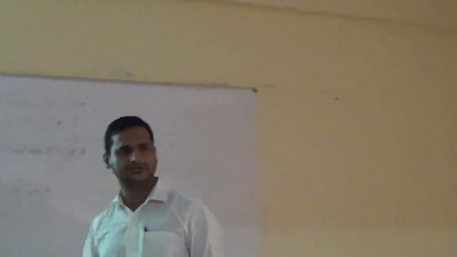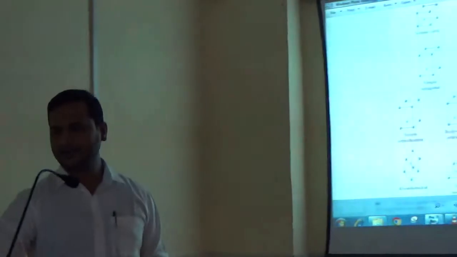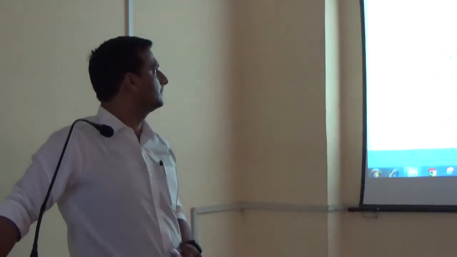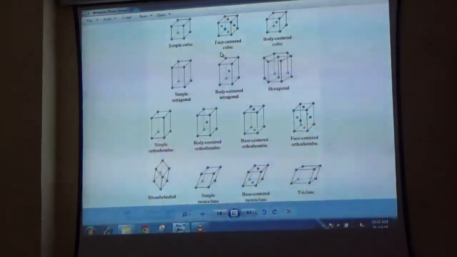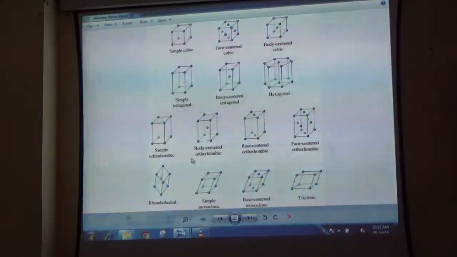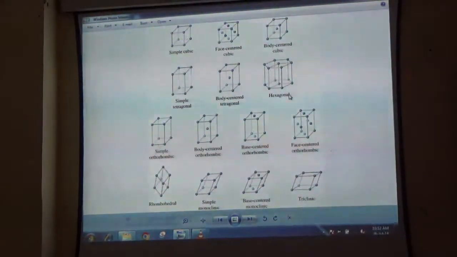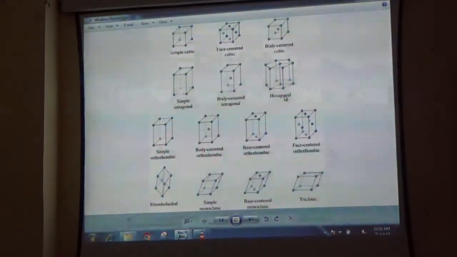Simple cubic unit cell. So based upon these values, the unit cell can be classified into 14 unit cells, like simple unit cell, face centered, body centered. These are studied in detail in our syllabus. But these are not our concern. But you should know at least the names of them, an introduction.